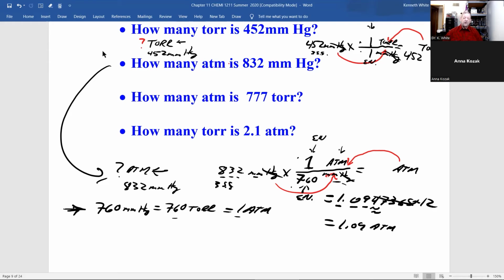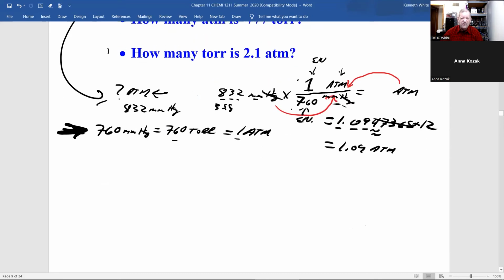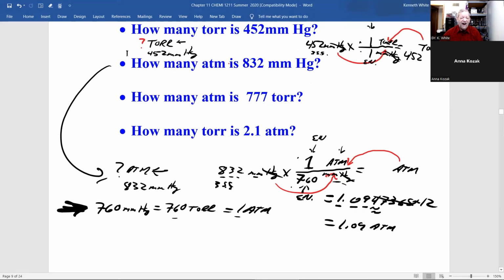And again, use your good buddy, your good friend, and also this relationship or definition really, 760 millimeters of mercury equals 760 torr equal 1 atmosphere. Now, I'm going to let you try this one. We'll do it stepwise.